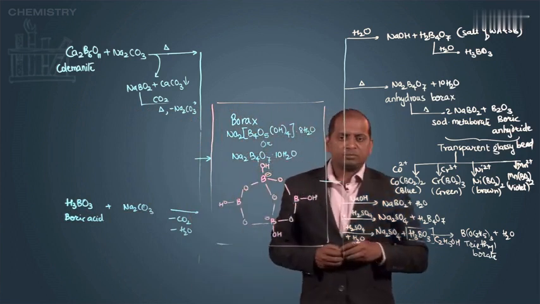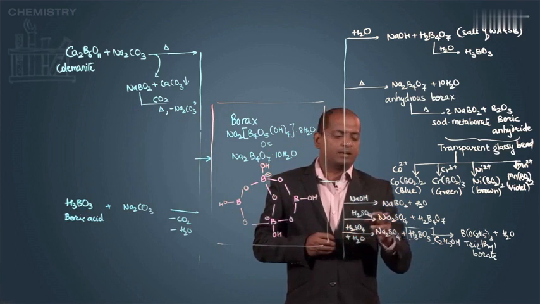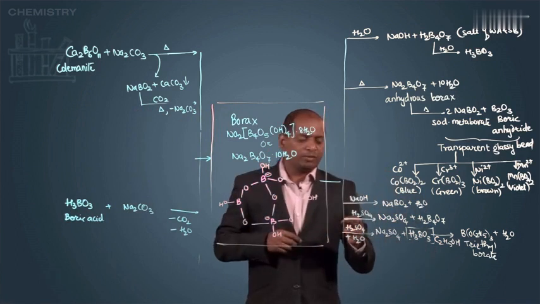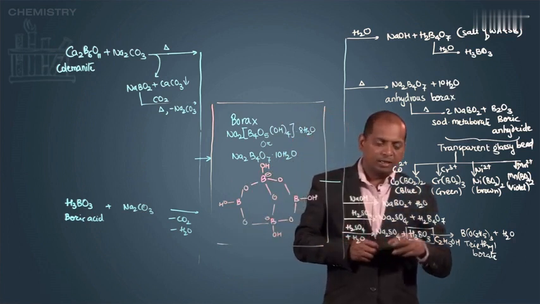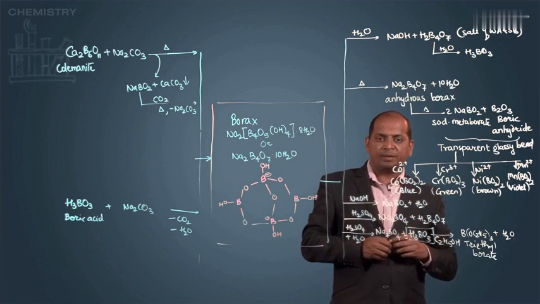Now, borax when reacted with sodium hydroxide gives sodium metaborate and H2O. When it reacts with concentrated sulfuric acid, it gives sodium sulfate and H2B4O7.